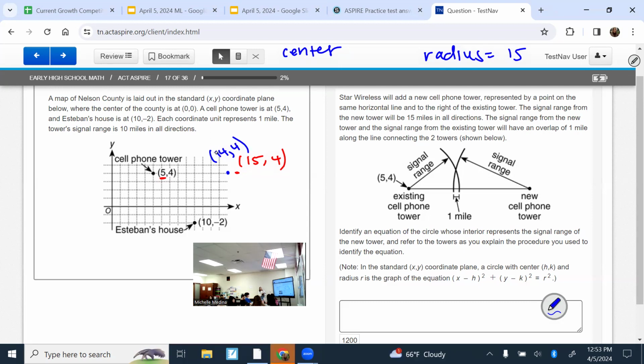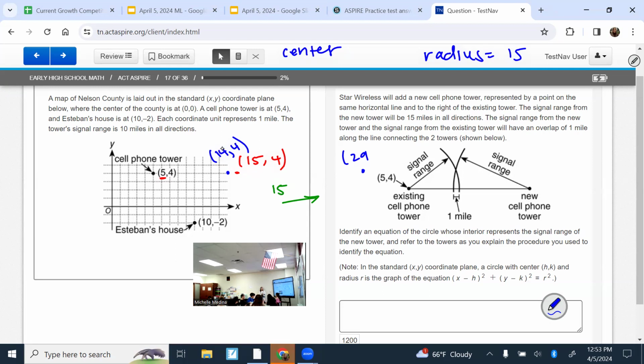And since this new tower had a radius of 15, to get to the center of my new tower, I need to go 15 to the right, which obviously I don't have enough to count, but I know going to the right affects the x. What's 14 plus 15? 29 is gonna be the x of my center of the circle.